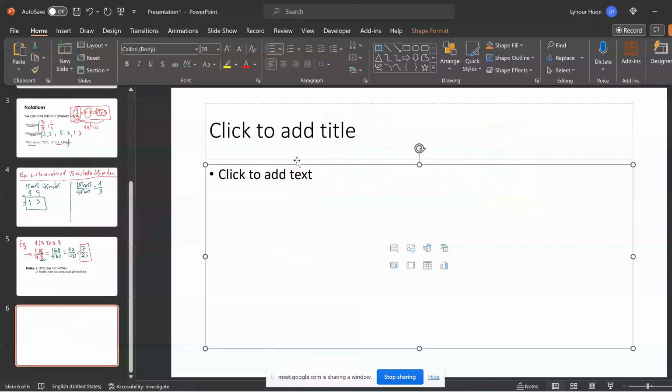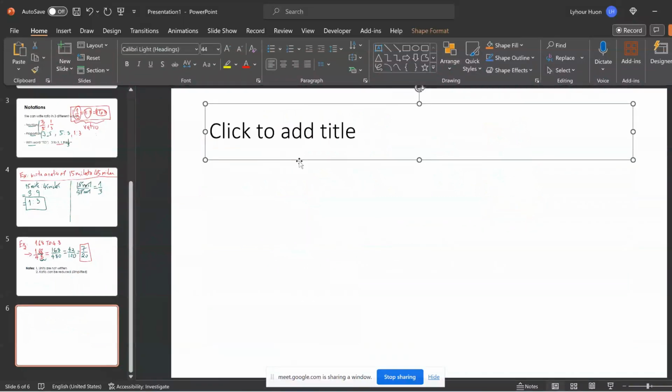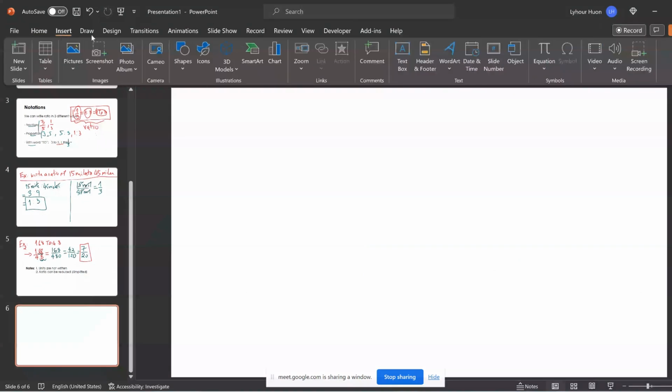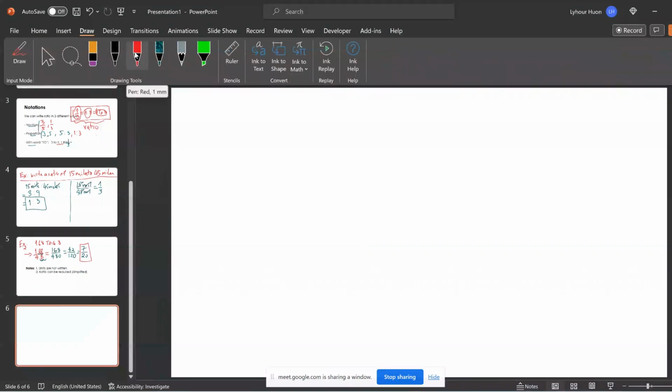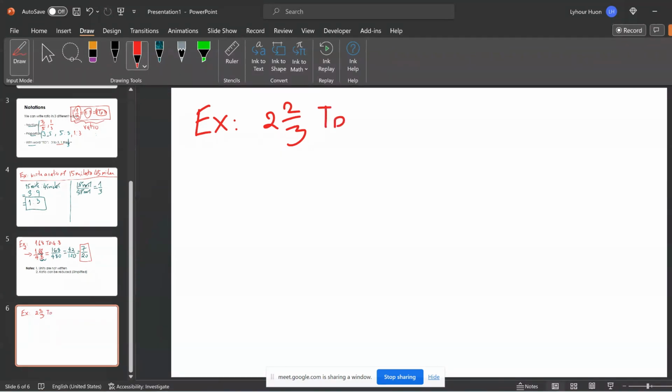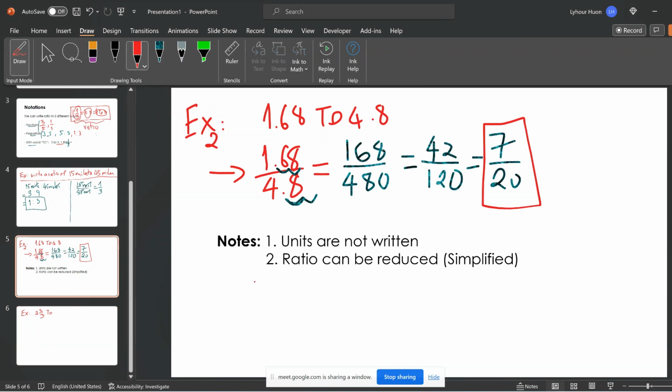Let's give another example. So the notes, can you go back to the notes? Number one, when we write the ratio, units are not written. For example, £3 over £5.